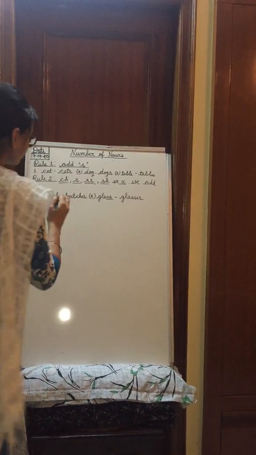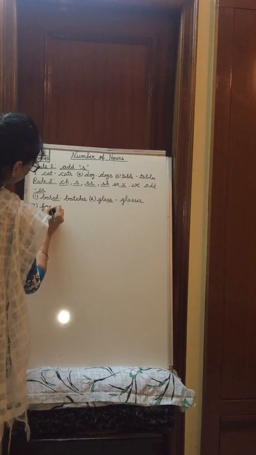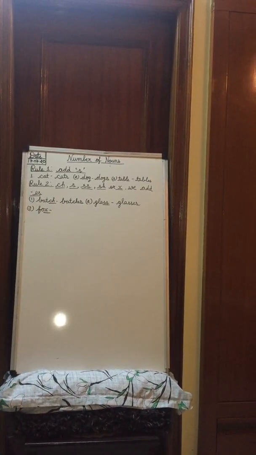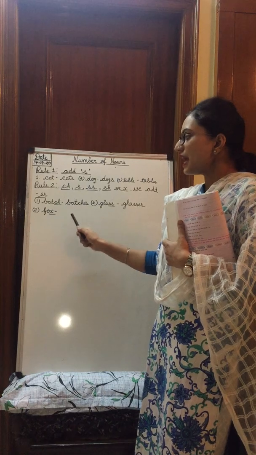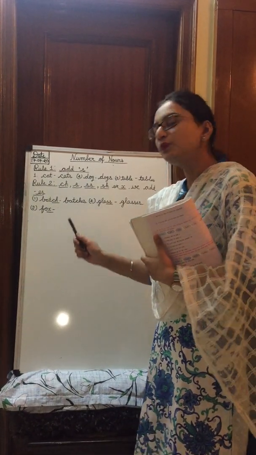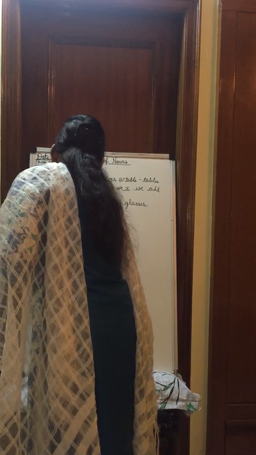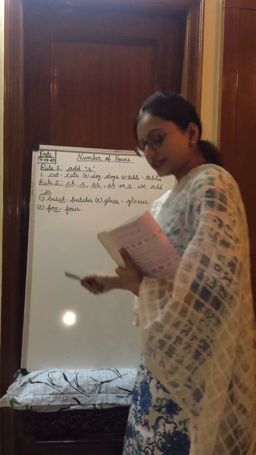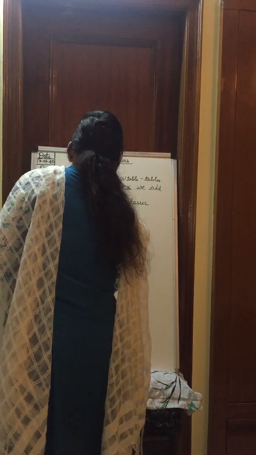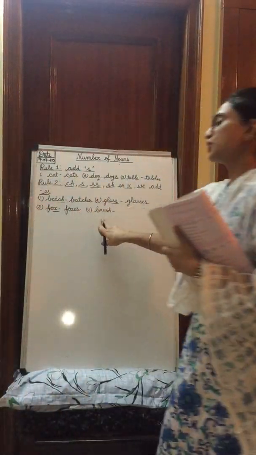Third is fox. This word ends with X. So we will add es to the word to make it plural. Like fox, foxes. Next is brush.